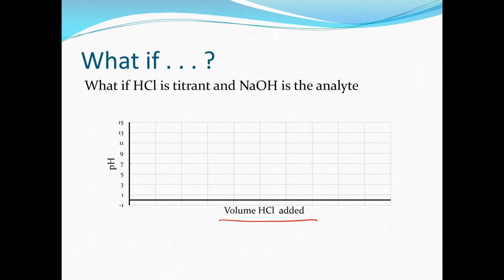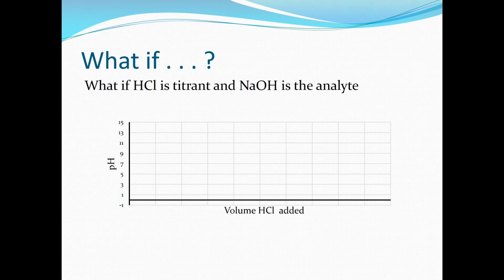Our equivalence point will be the same because it would be strong acid, strong base, so we're going to be right at 7 for our equivalence point, assuming we're at 25 degrees Celsius. And then as we get out here to where we have excess hydrochloric acid, we're going to end up down here in the acid part of the pH scale, because what we're going to essentially have left over is excess hydrochloric acid.